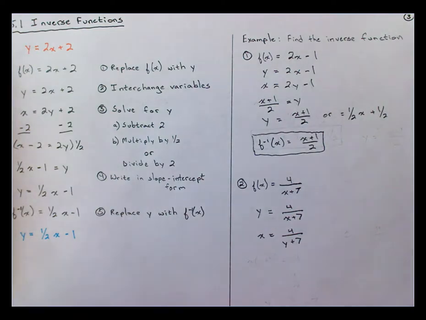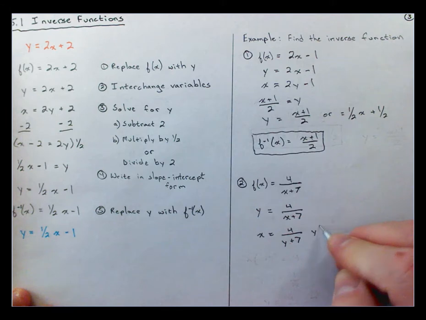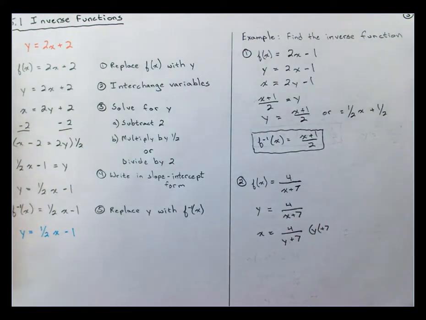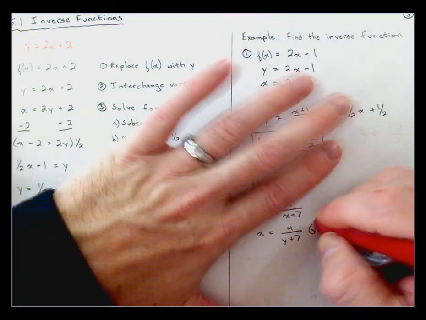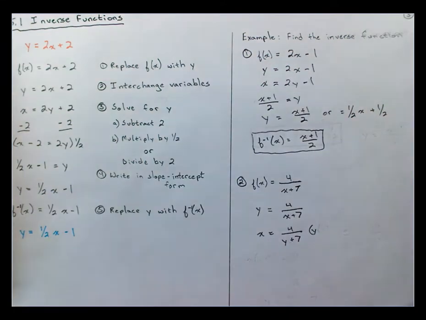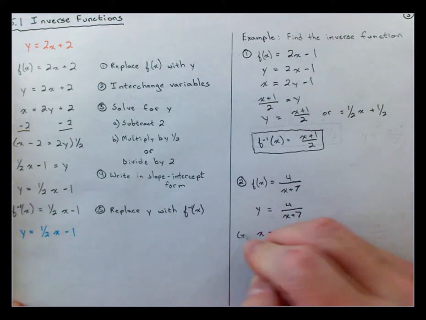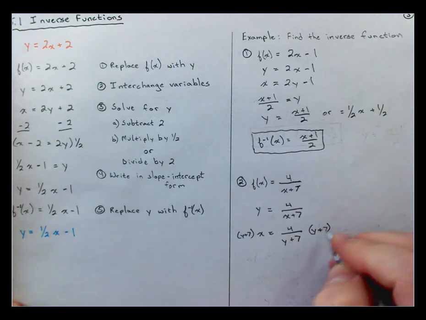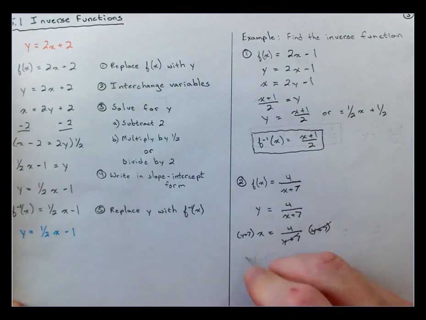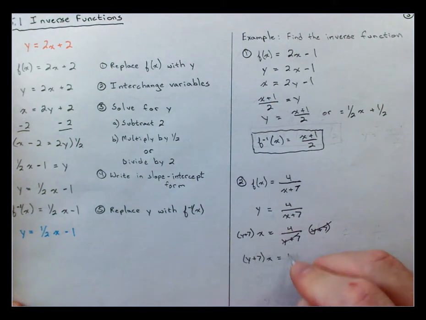Now, on this one, what I'm going to do is multiply both sides by y plus 7. I need to get it into the numerator. That cancels there, so I have y plus 7 times x equals 4.